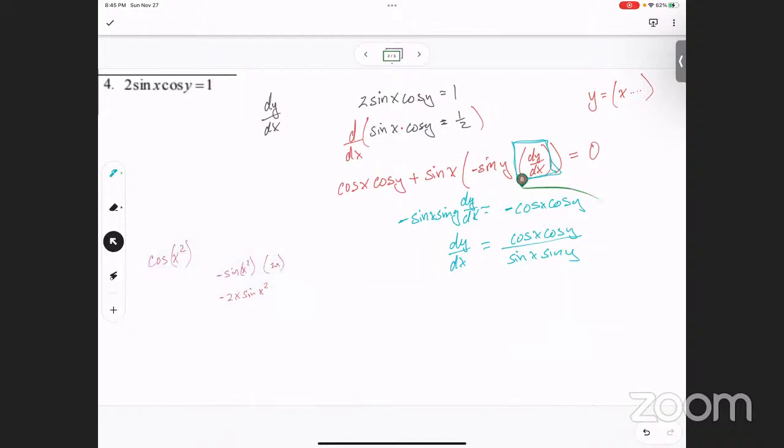Aren't you supposed to factor dy dx out of it? No, I'm not factoring it out because there's only one here. I don't have one over here. I only have one factor of that, so I don't factor it out. All I do is I'm isolating this, right?